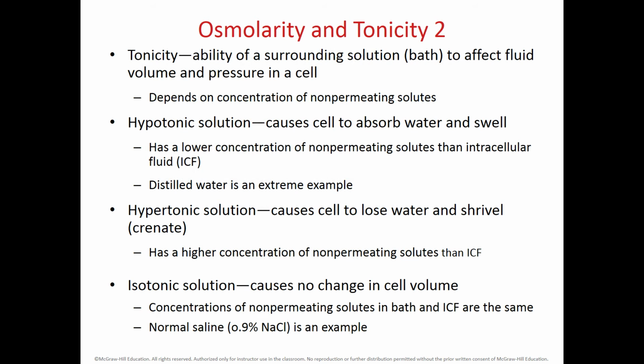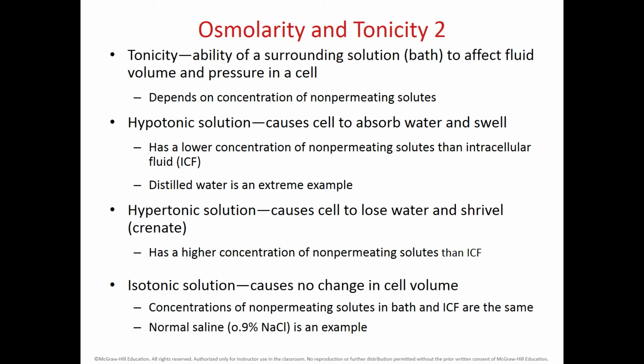Now, tonicity is the ability of a surrounding solution or a bath to affect the fluid volume and pressure in a cell. This tonicity will depend on the concentration of the solutes that don't move across the plasma membrane. If you measure a solution for its tonicity, you can have two types of solutions.